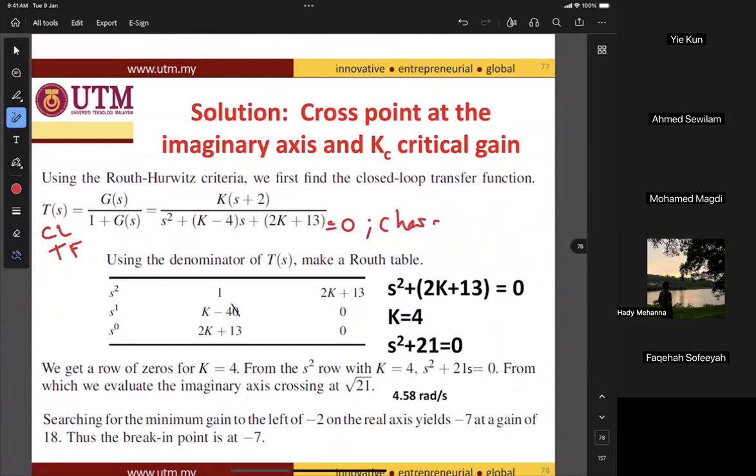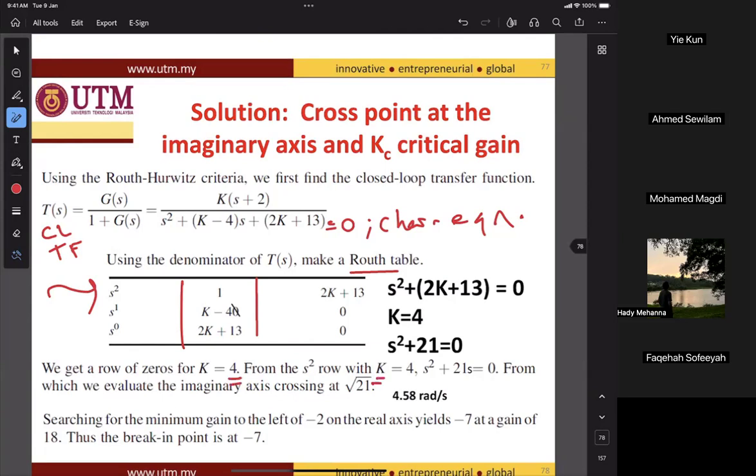Remember, then put it inside the Routh table as shown, and simplify. First column greater than 0. So we found that K is equal to 4.